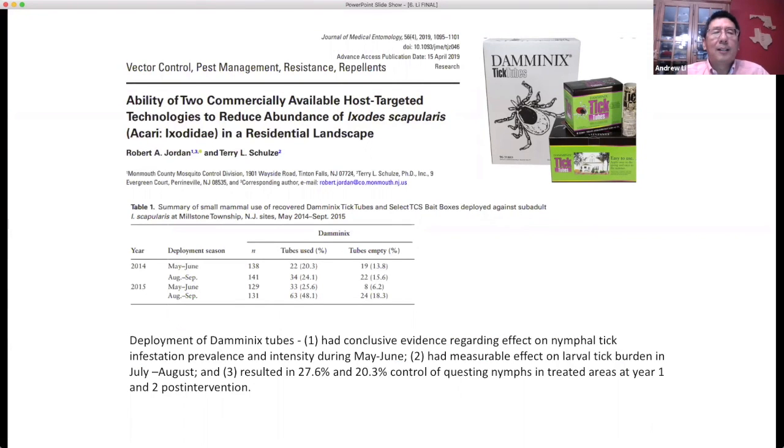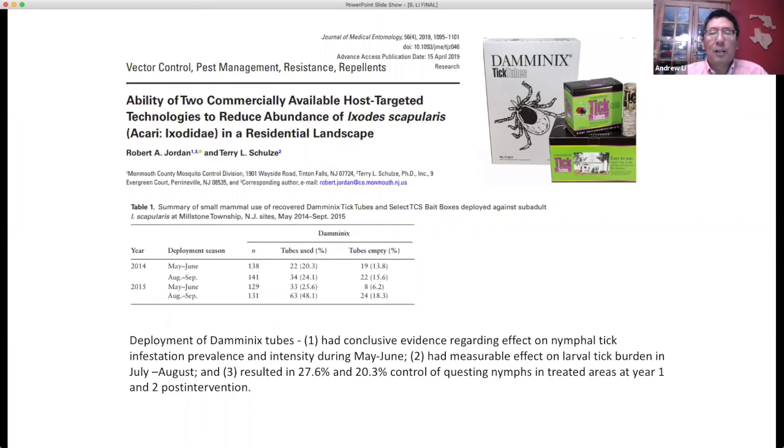There's the most recent study out of New Jersey. They compared the efficacy of the Damminix tick tube with the bait box. It was a 2-year study. They did find increased use in the late season. They deployed the product twice a year, and found increased use of the tick tube and the bait box, which is part of the learning process, I guess.